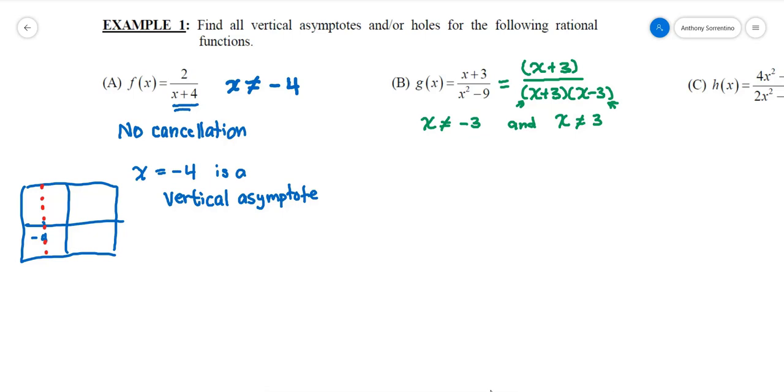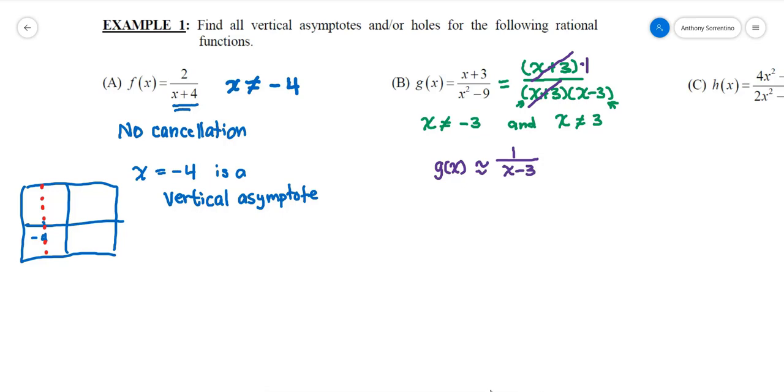But what kind of domain restrictions are these? Well, if I look at the function in front of me, once in factored form, I can see that the top has an x plus 3 being multiplied essentially by 1, and I have an x plus 3 on the bottom being multiplied by x minus 3. That means that I can cause a cancellation. That cancellation means that g of x is approximately equal to 1 over x minus 3.